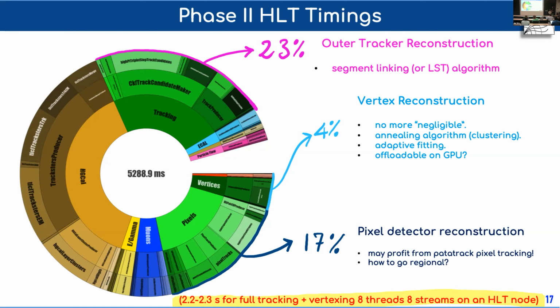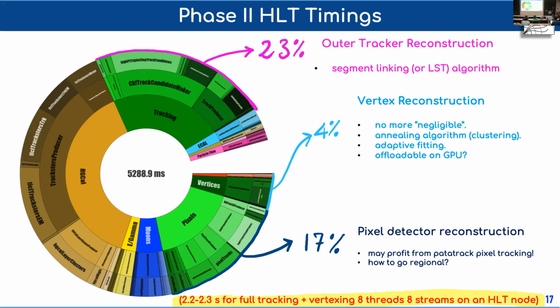Now, there is this chunk that in the first pie chart, if you go back and look at it, is very thin, that is vertex reconstruction. We are going from tens of vertices to hundreds of vertices. So this, of course, makes things change. And you will see tomorrow a quick plot presentation on how we could eventually offload also this part to GPU.